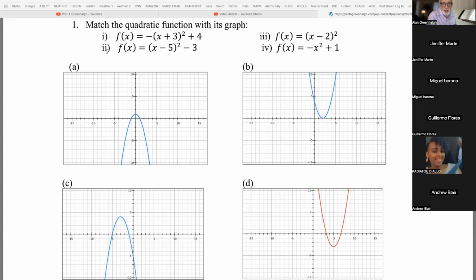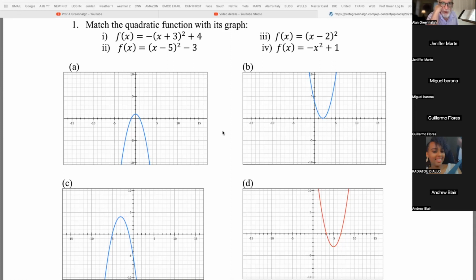So this one, 2, goes with D, and 3 goes with B. It's a very nice summary of 4 quadratic functions and what their graphs look like. This is what we did yesterday. This is exactly a summary of all the quadratic functions and what they look like.